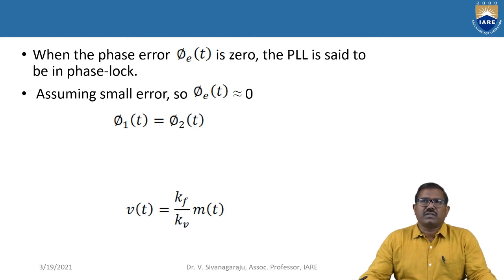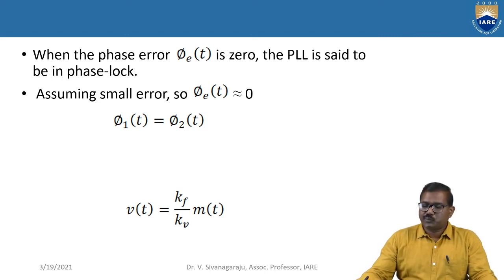At that situation, the pair is said to be phase locked. Or with a small error also, we can consider phi E of t approximately equal to 0. Then what happens? Phi 1 of t is equal to phi 2 of t.